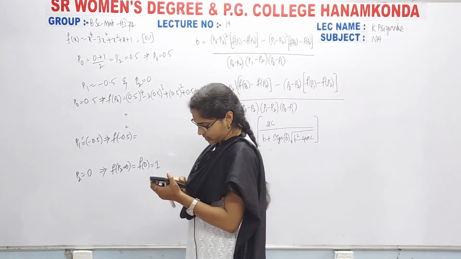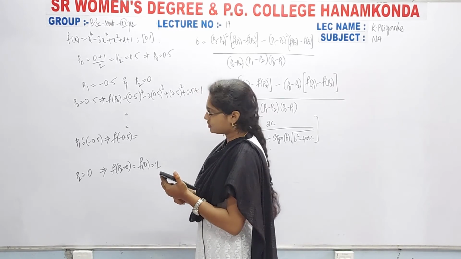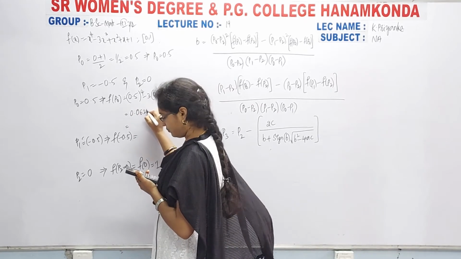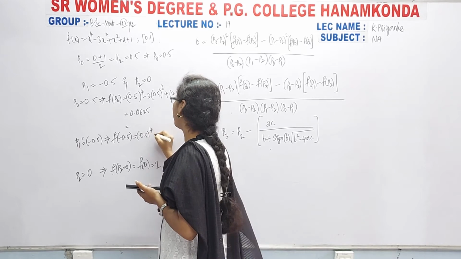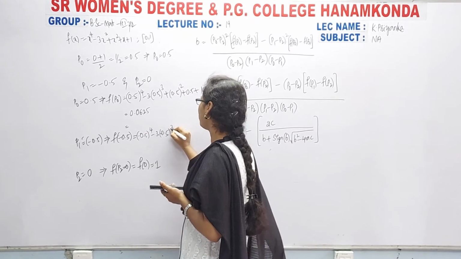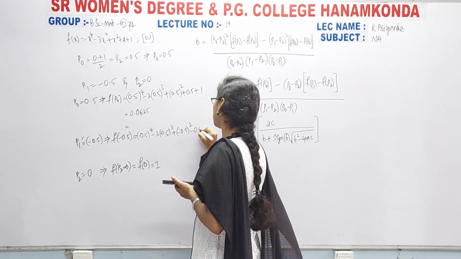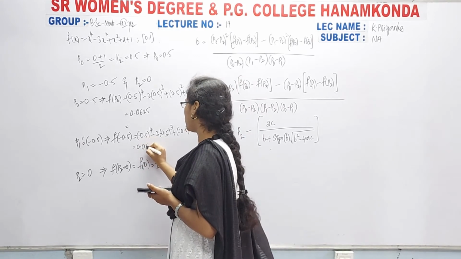Okay, so now here 0.5 whole power 4 is 0.0625. Already we know minus 0.5 whole to the power of 4 minus 3 into minus 0.5 whole cube plus minus 0.5 whole square minus 0.5 plus 1. Okay, here also we will get the same value, positive, no?